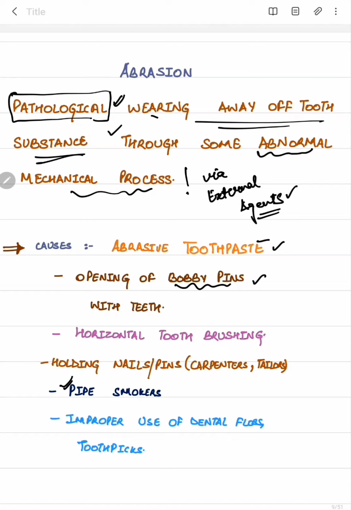Horizontal tooth brushing technique is basically an abnormal mechanical process which will cause abrasion. Holding nails or pins will cause abrasion, and improper use of dental floss can also cause abrasion, right? So these are all the causative agents or external agents which cause abrasion of teeth, right?